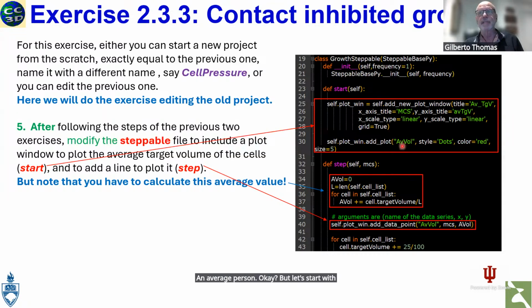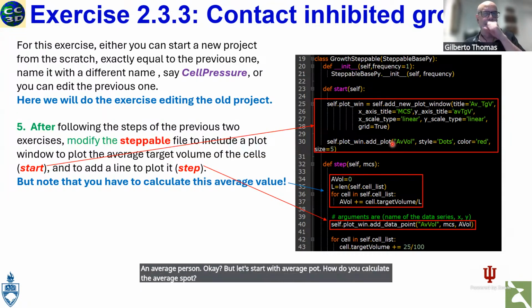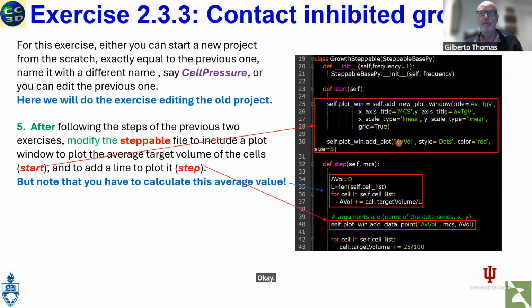How do you calculate the average plot? If you want to see the average plot, we include this line here, this plot window to plot, and this window we call AV vol. This will be plotted with dots, red dots, size 5.